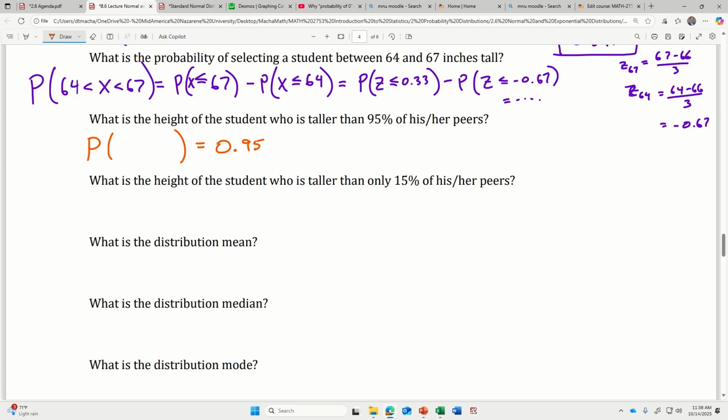Now the question is, what's the threshold? What is the K value, where the probability is less than or equal to some number and make that probability equal to 0.95? This is a question for the quantile function.